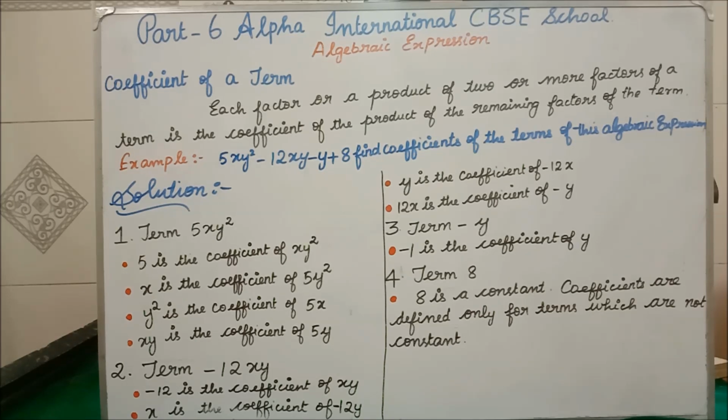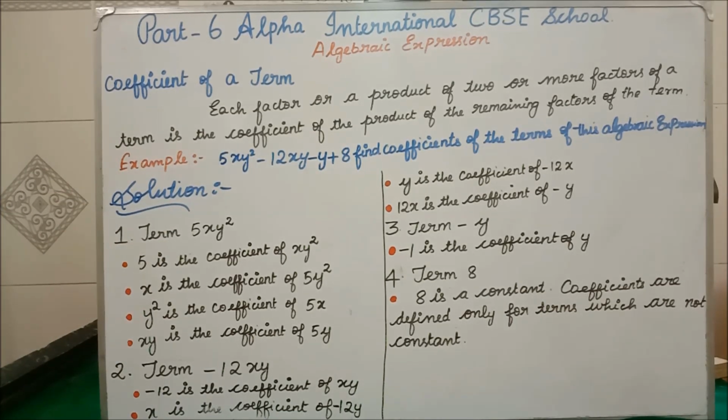Clear? Similarly, if we are finding it for y, the coefficient of y means the remaining factors. What do we have? Minus 12x. Remaining factors you have to take. So if I take minus 12x and find its coefficient, the remaining factor is only y, so we write y.